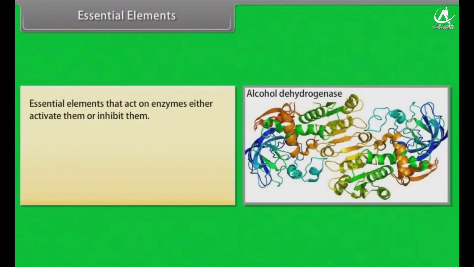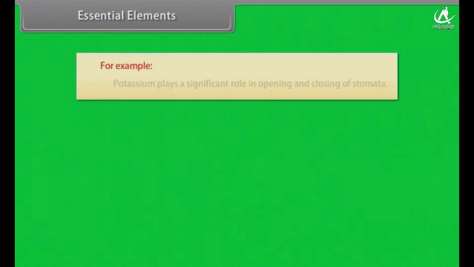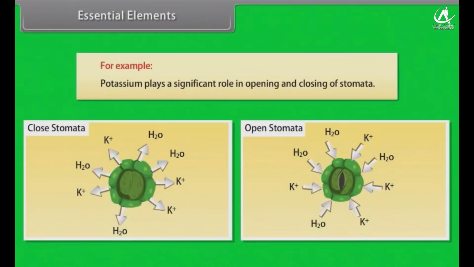Essential elements that act on enzymes, either activate them or inhibit them. For example, Zn2+ is an activator of alcohol dehydrogenase. Some essential elements change the osmotic potential of a cell. For example, potassium plays a significant role in opening and closing of stomata.